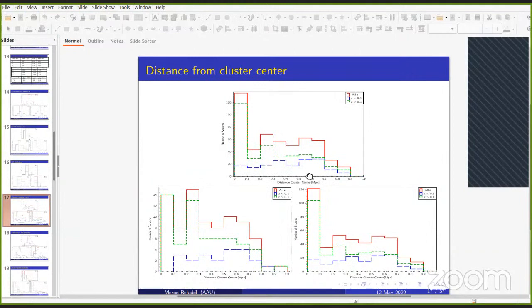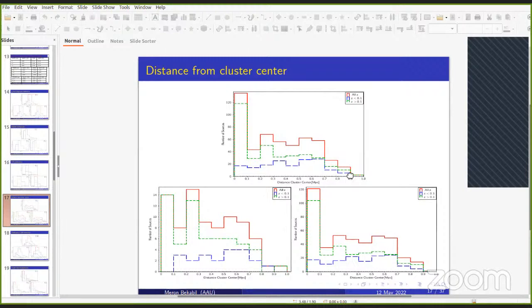This one is about the distance from the cluster centers, so from the galactic center. As you see, this is the AGNs. The red one is for the whole sample of AGNs in all redshift ranges. The blue one is at low redshift ranges, and this one is for high redshift ranges. What we see is that most of them are close to the centers.